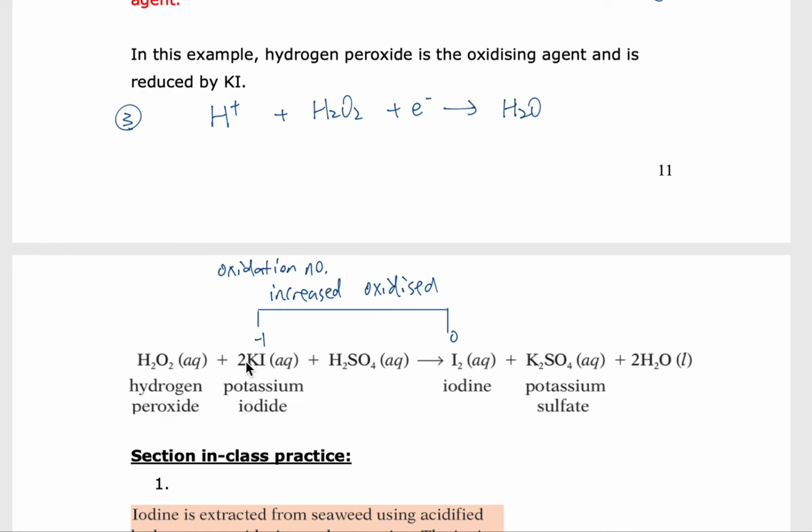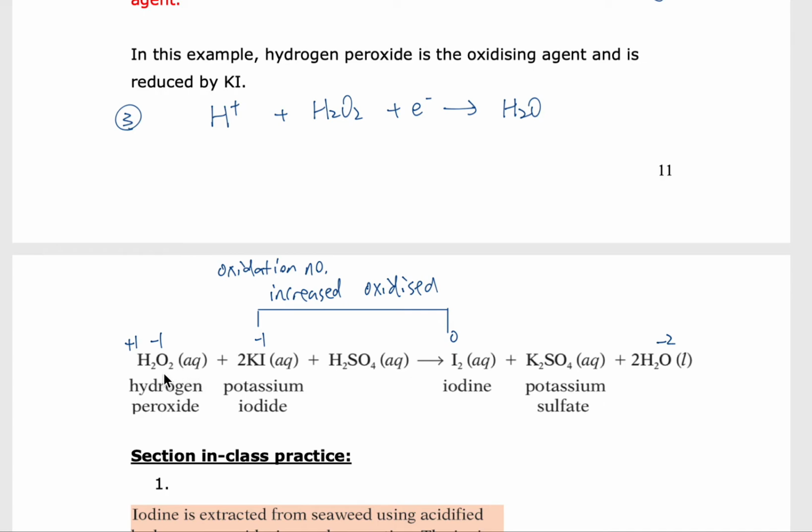And moving on, who's getting reduced then? It has to be hydrogen peroxide. If we work out the oxidation state of oxygen here, it's a bit interesting. In this case, hydrogen is still +1, but oxygen, instead of being -2 in most cases, is -1. Moving on to the product side, oxygen is -2.